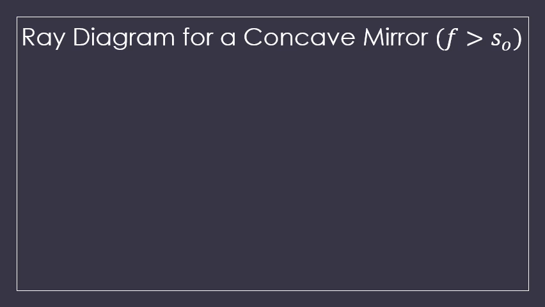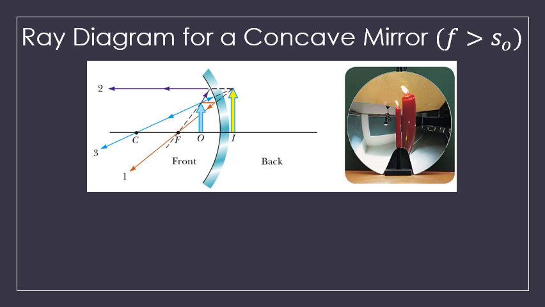It shows the rays that we drew, and it uses dotted lines to draw behind the mirror. We're going to be consistent as we do that. Always draw the dotted lines behind the mirror.